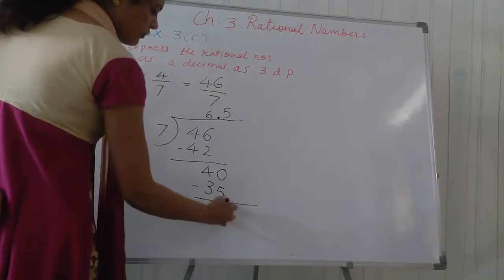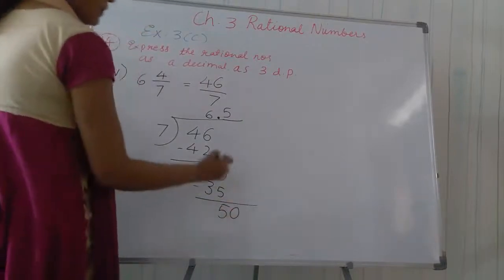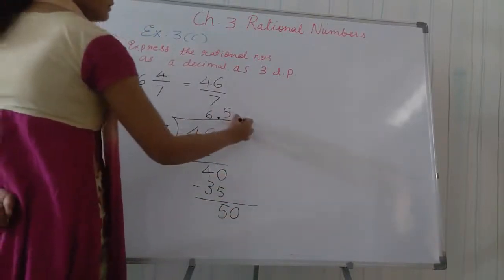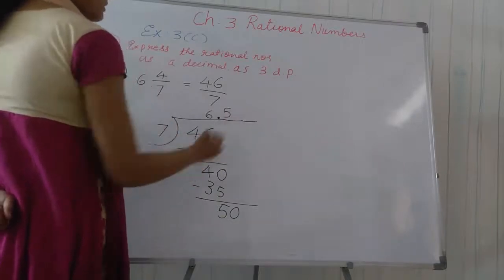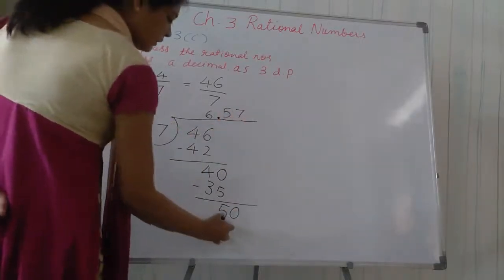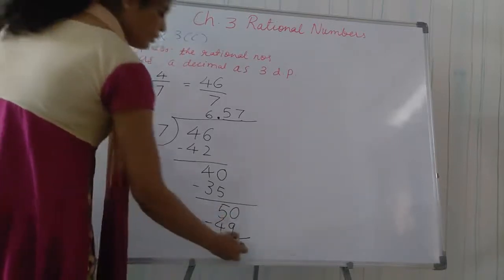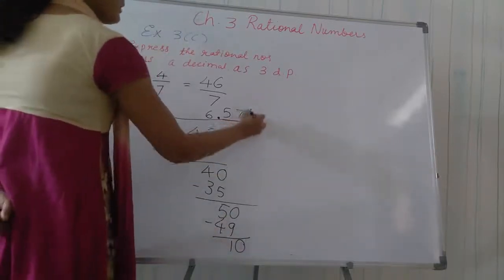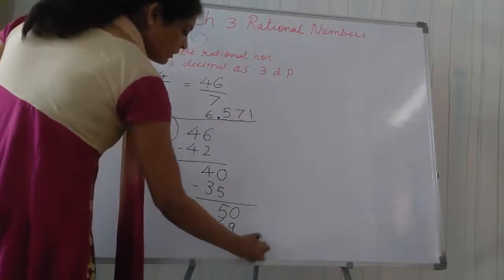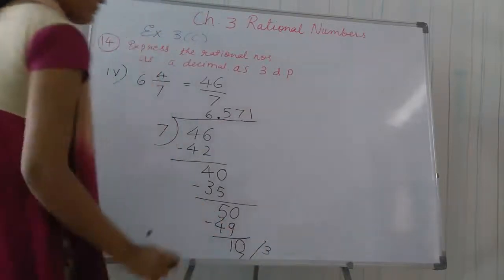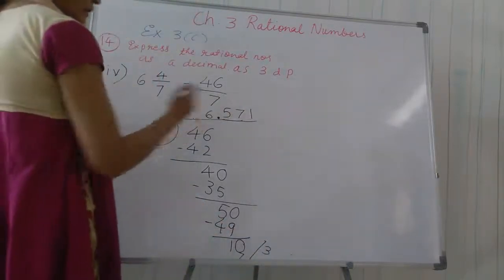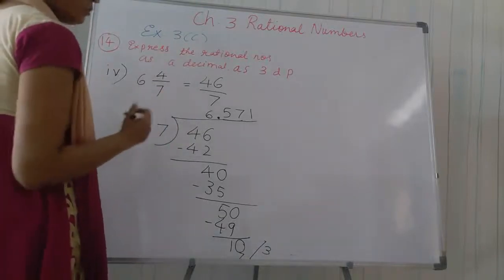Minus 5 will leave 0. Now 7 sevens are 49. So 1 left. Put 0. 7 ones are 7. So 3 left. So already we get 3 places, but let us take one more.